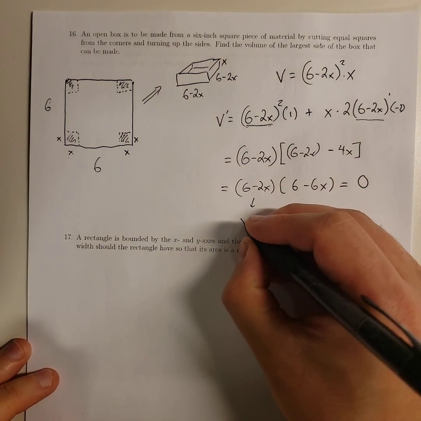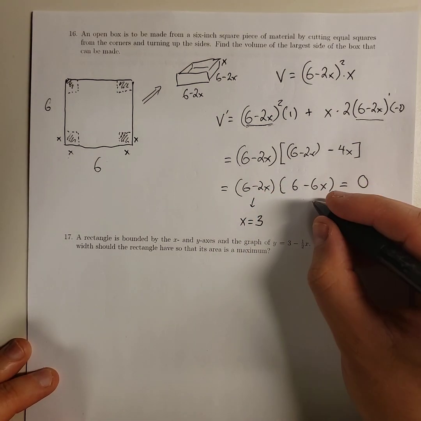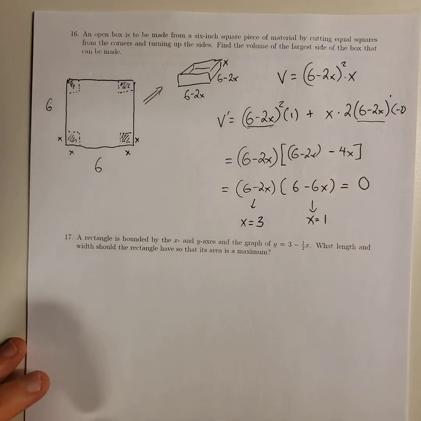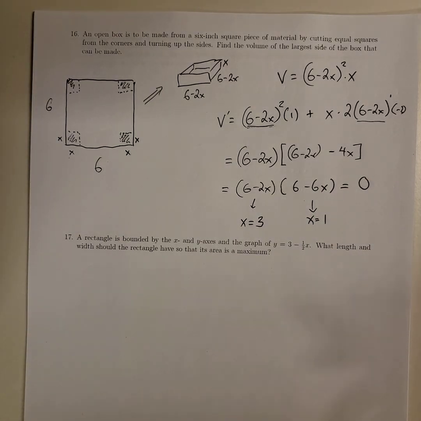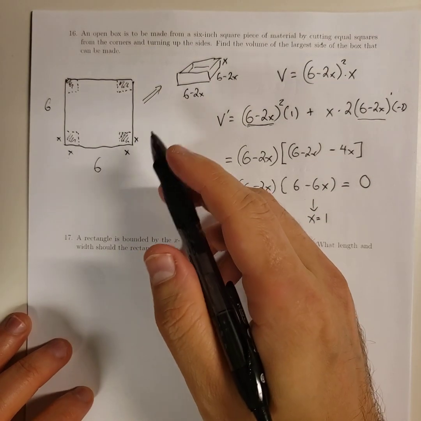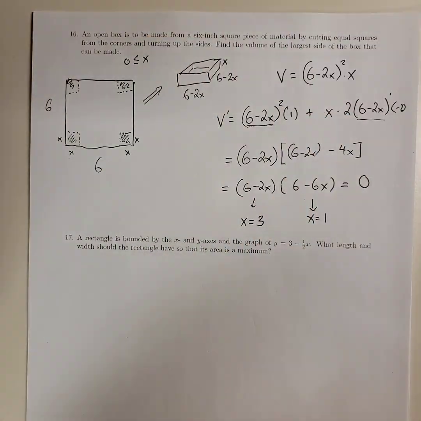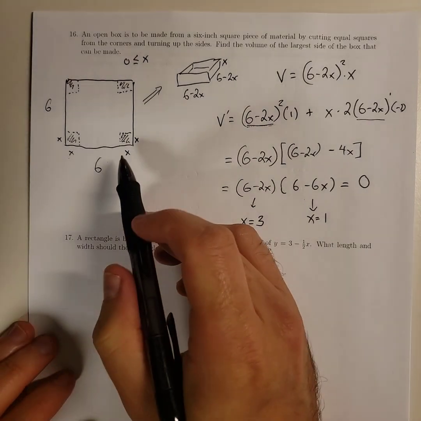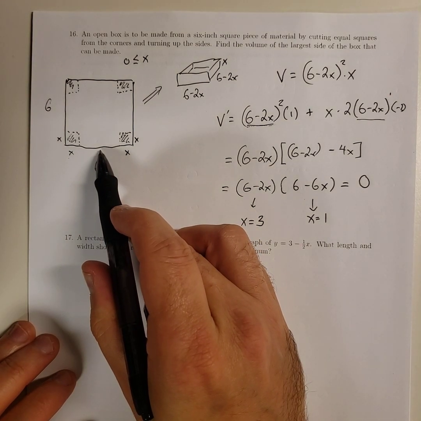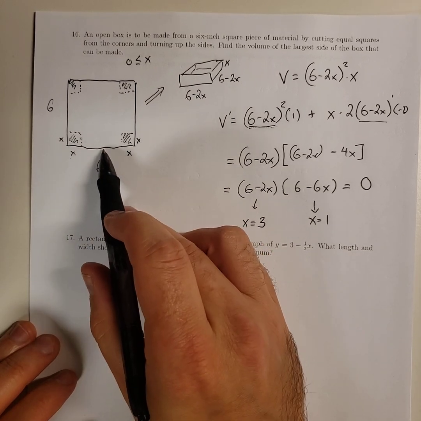So setting this to 0 gives you x equals 3, and this one gives you x equals 1. Now, if we think about what x can be, well, certainly x has to be at least 0, since we're cutting something out of the box. But if I go to 3, then that's half of this already.